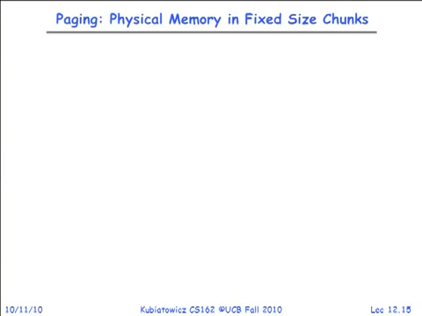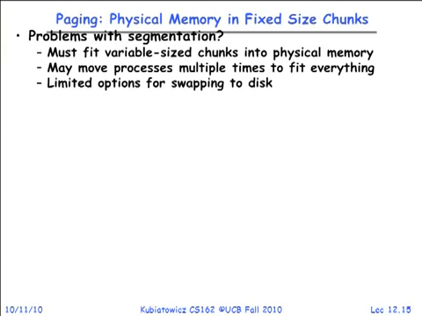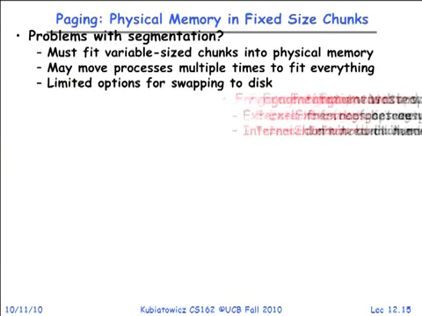So the problem with segmentation, as we mentioned here, is you've got variable sized chunks and you've got to fit them into memory somehow. And basically you've either got to swap out or move processes multiple times to fill the holes in to deal with the variable sized chunks. And so fundamentally, fragmentation here is a problem with the variable sized chunks. And by the way, we'll take this moment to talk about 2 types of fragmentation, both internal and external fragmentation.